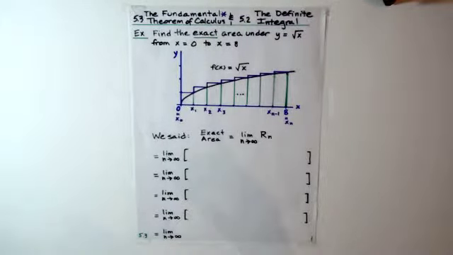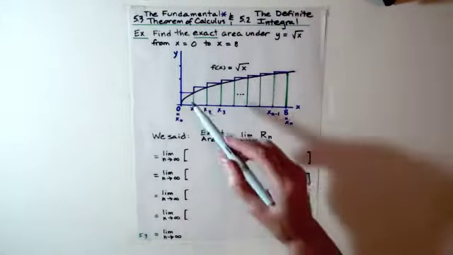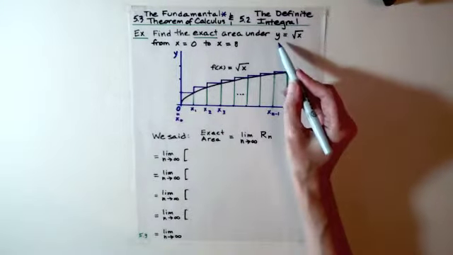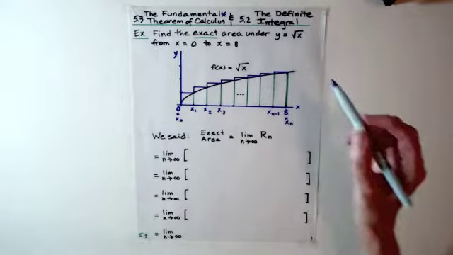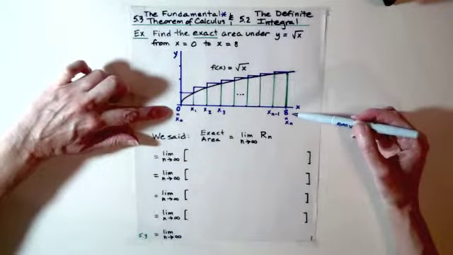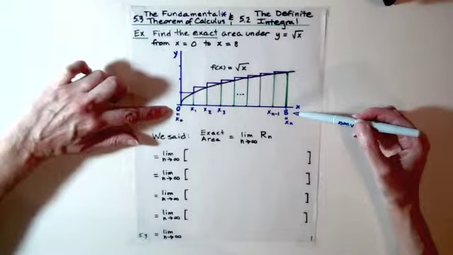Before we dive into that theorem, however, I want to pose a problem that we didn't talk about in 5.1. We had this example back in 5.1 where we looked at the curve y equals square root of x, and we considered how to approximate the area under that curve on the interval from x equals 0 to x equals 8.